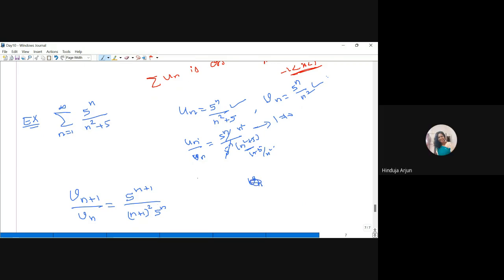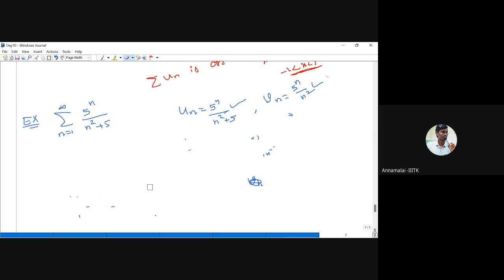Okay, you directly apply the ratio test. So what is the value you get? Un plus 1 by un is 5. Then it's bigger than 1, therefore it diverges. Then there is no need to go to the comparison test; directly you can apply the ratio test.